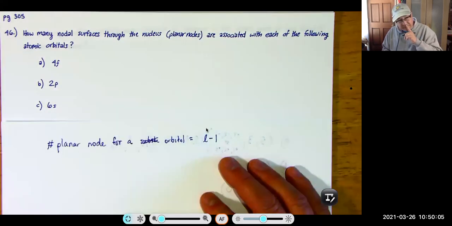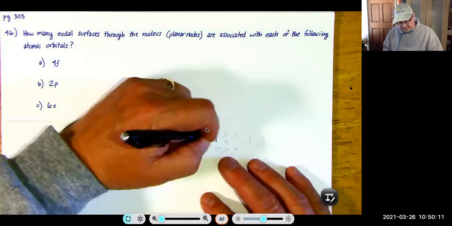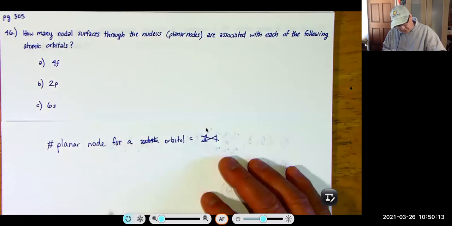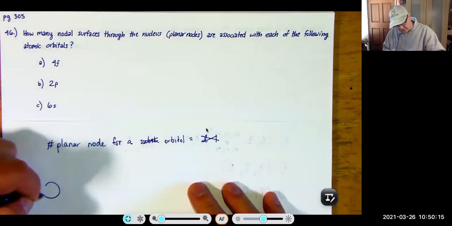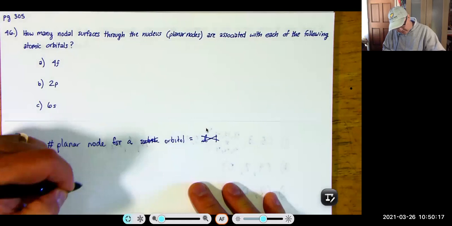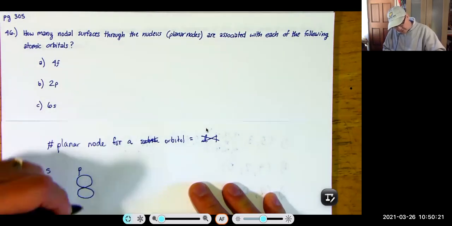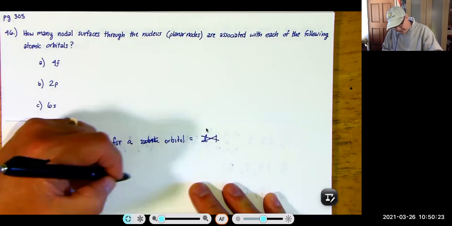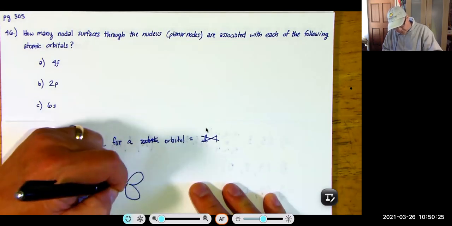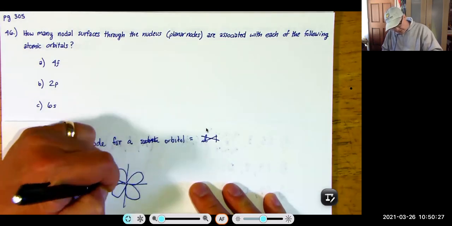Actually, let me take that back. So here, an s orbital has no planar nodes. A p, this is an s, this is a p orbital. A p has one planar node, and a d, which looks like a four-leaf clover, has two planar nodes.